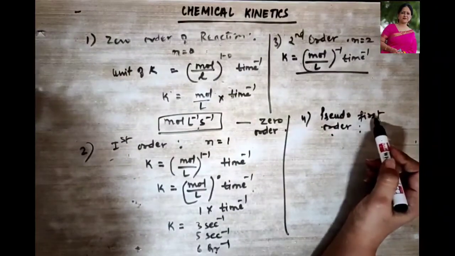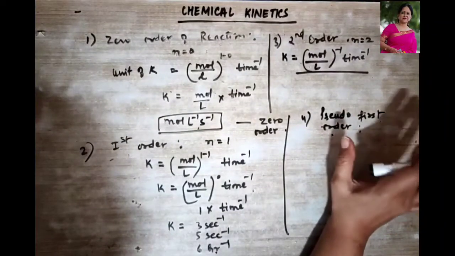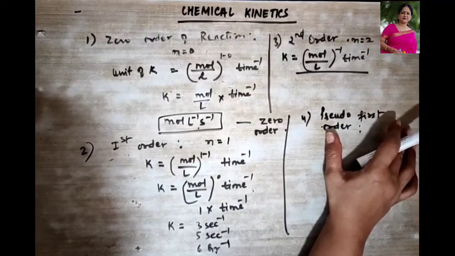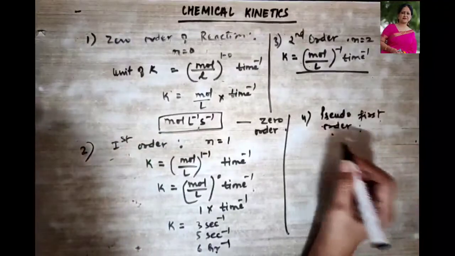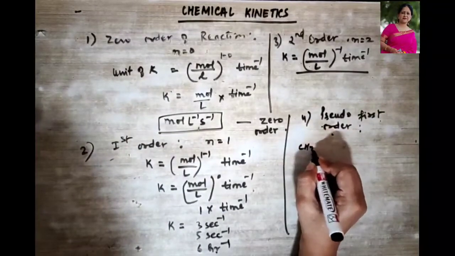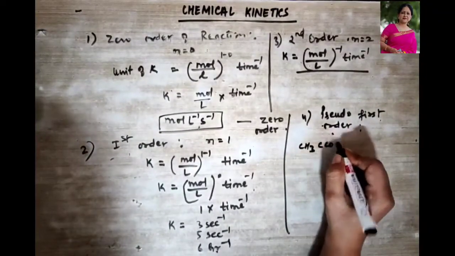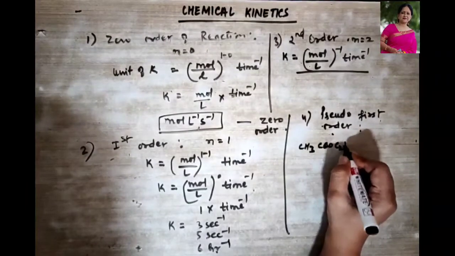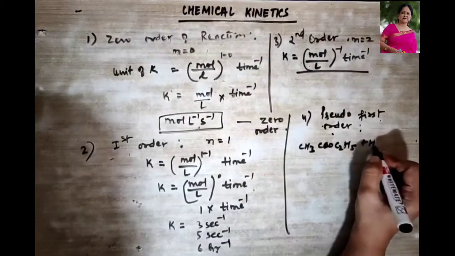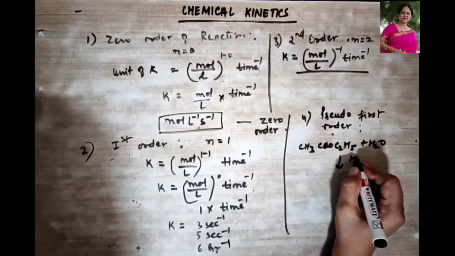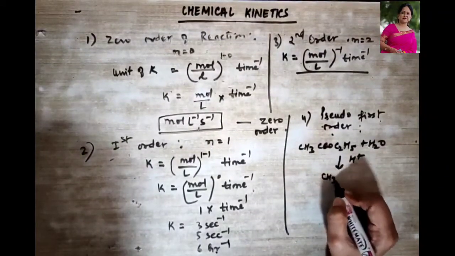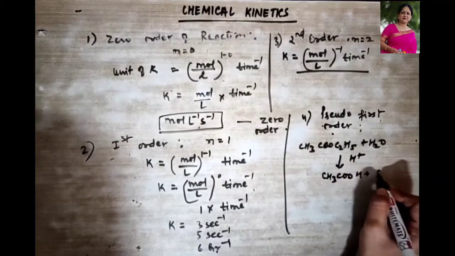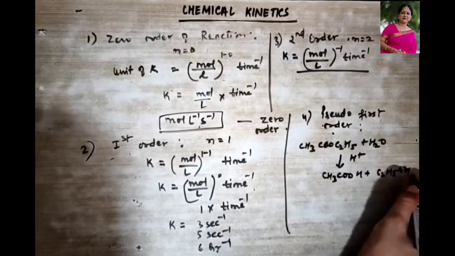The pseudo first order reaction is the reaction in which the concentration of water is too high as compared to the other reactants. For example, if I take CH3COOC2H5 and we add water to it, in the presence of any acid, then we get CH3COOH plus C2H5OH, right?